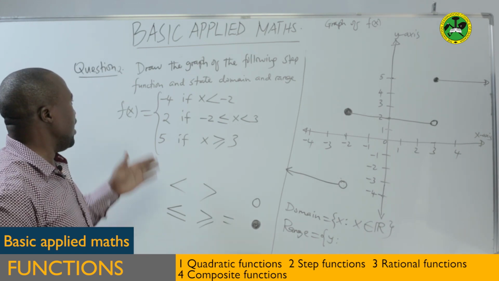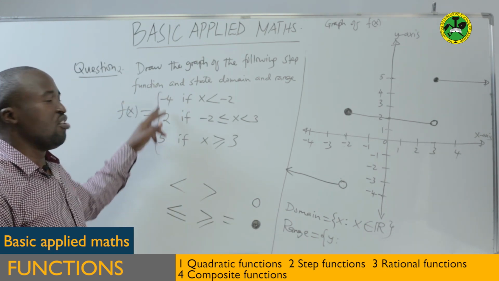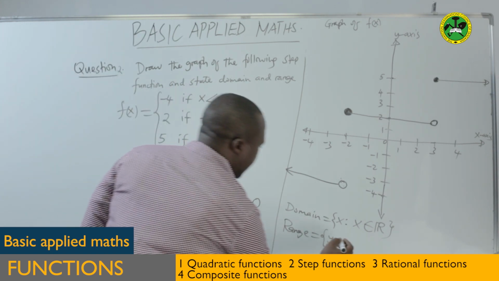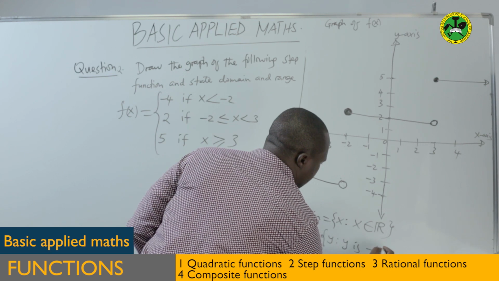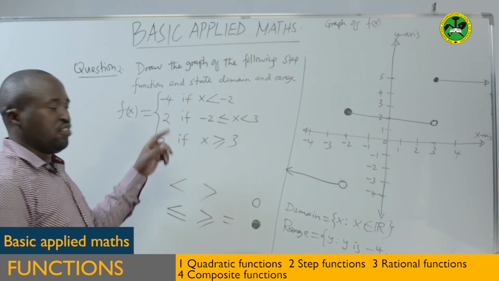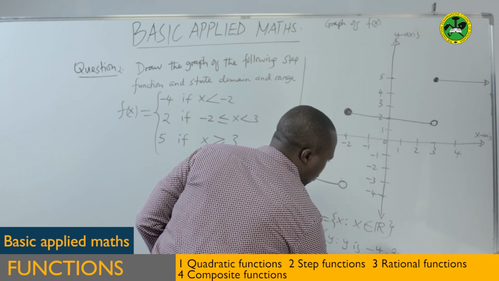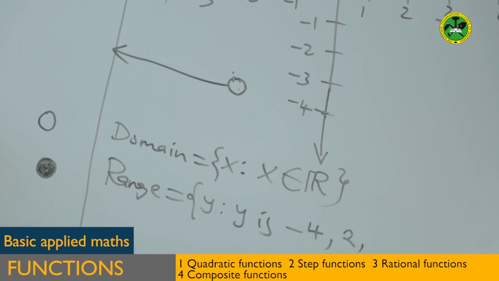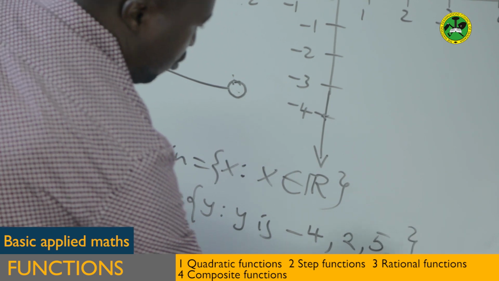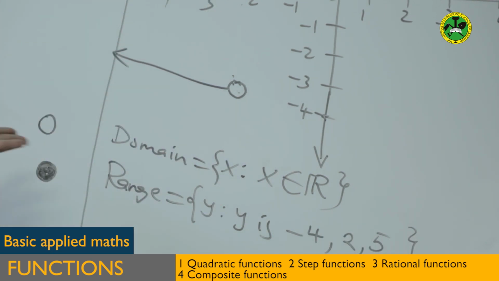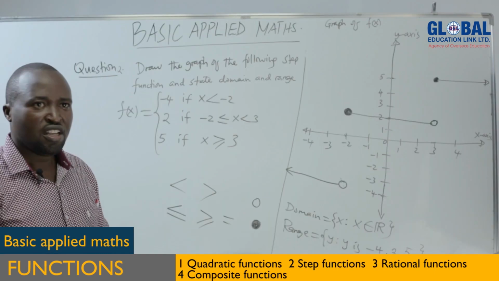So here y is equal to -4, then again followed by +2, that is 2, and the last one is +5. So my dear student, we have domain and range, and that is how to do such a step function.